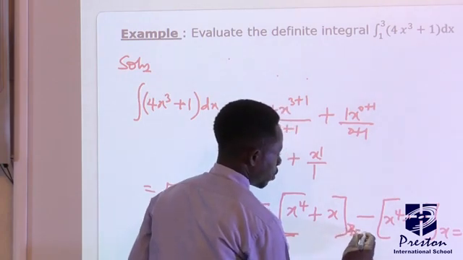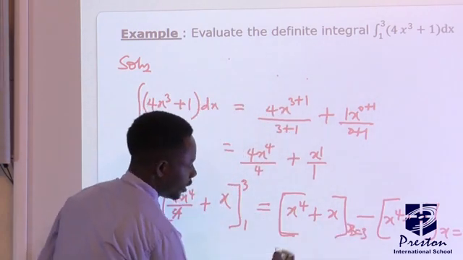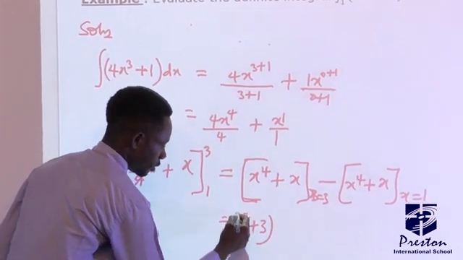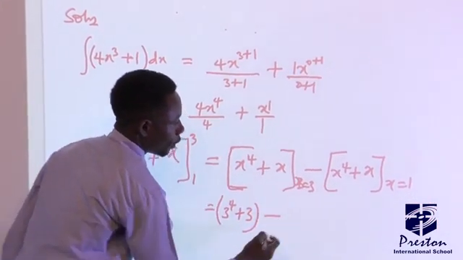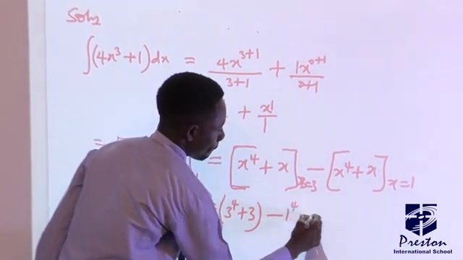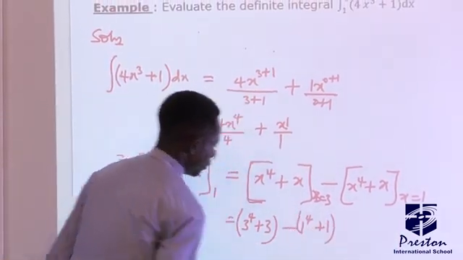So let's replace x with 3 here. This will give us 3 raised to power 4 plus 3, still in bracket, then minus, this we are replacing with 1: 1 raised to power 4 plus 1, still in bracket.